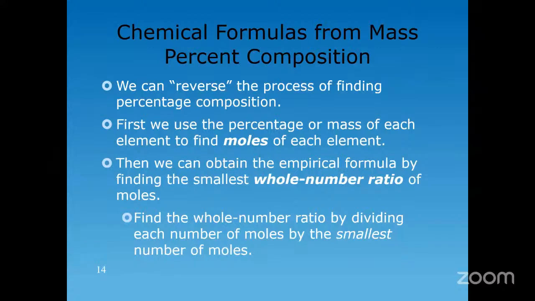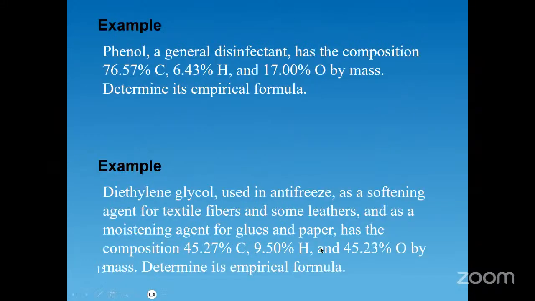And the way you determine that whole number ratio is that you identify the smallest mole value and divide everything by that mole value. And hopefully you're going to get some numbers that are, if not integers, very close to integers. Now, there may be some instances where you don't get clear integers, and there's an additional step, which I'm going to get into as well, right? So we're going to look at each of these examples here.